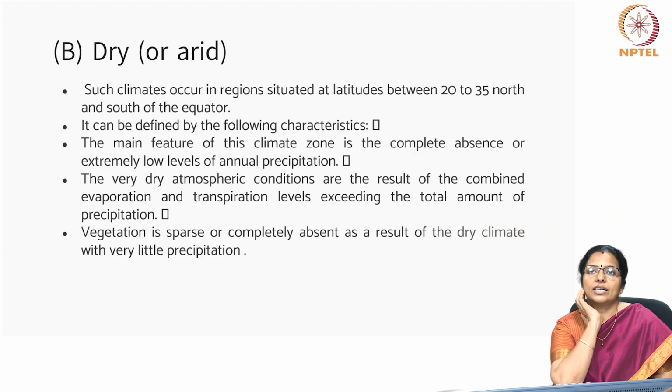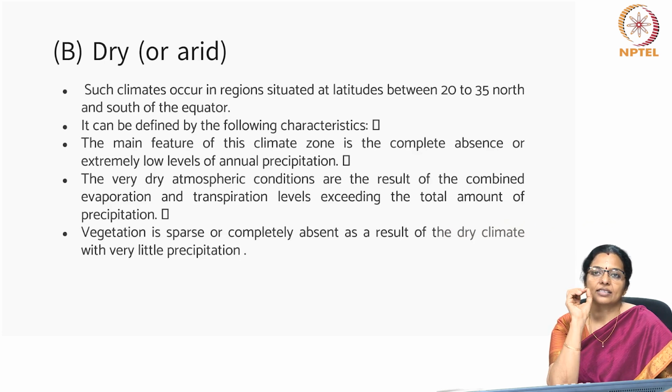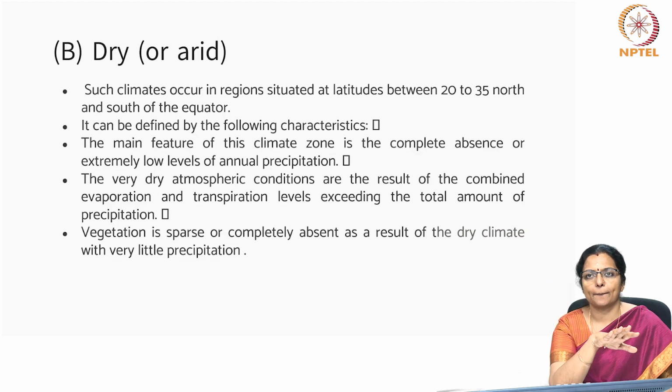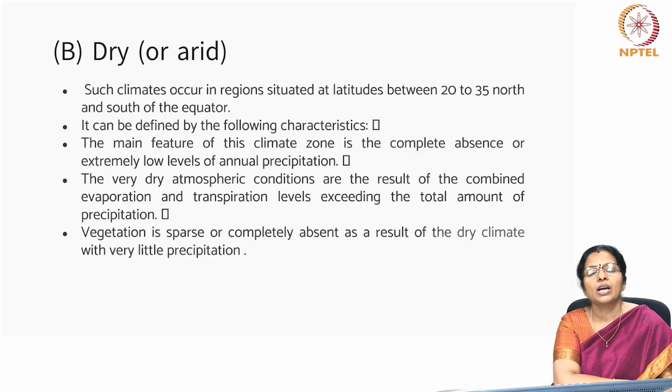Then we have the dry or arid climate, which is found between the latitudes 20 to 35 degrees north and south of the equator. Here's what characterizes it. Firstly, there's little or no annual precipitation, making it very dry. The atmosphere loses more water through evaporation and transpiration than it gains from rainfall.